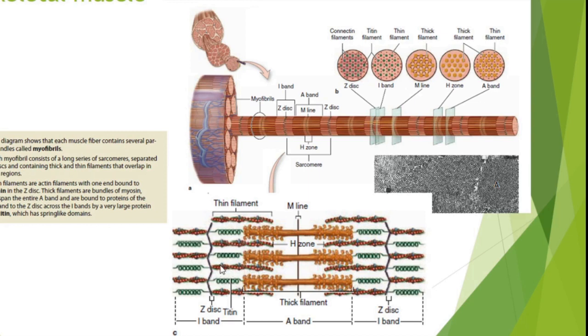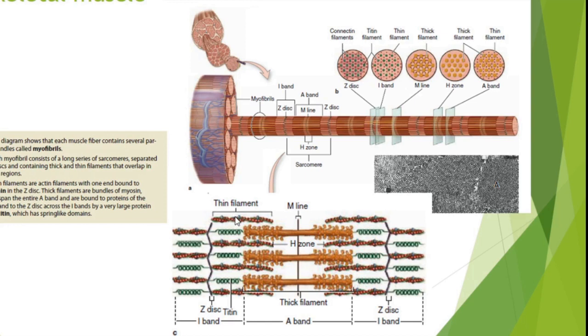Yan, ito yung actin. At itong parang mga spring-like domains, ang tawag naman natin dito ay titin. Titin. Okay? So again, you have your myosin, the thick myofilament, and the actin or the thin myofilament.